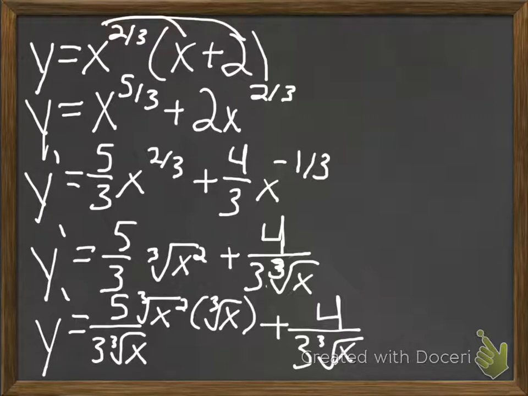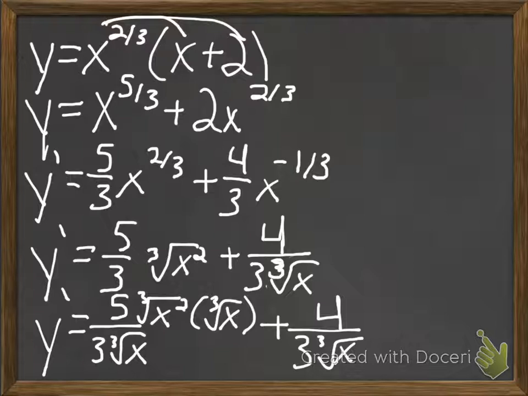So when you multiply the cube root of x squared and the cube root of x, you have to remember that the cube root of x turns into x to the 1/3, and the cube root of x squared is x to the 2/3. So again, when you multiply x's together, you add the exponents. So when you add 1/3 and 2/3, that makes 1.